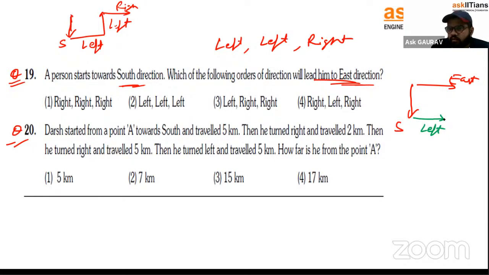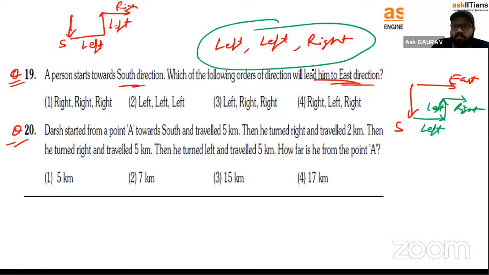Then you will move again to your left, and from here you will move to the right. That direction will be your east one. So left, left, right. No option is there. I think some mistake is there in the option. So left, left, right will be the right answer. Do question number 20.